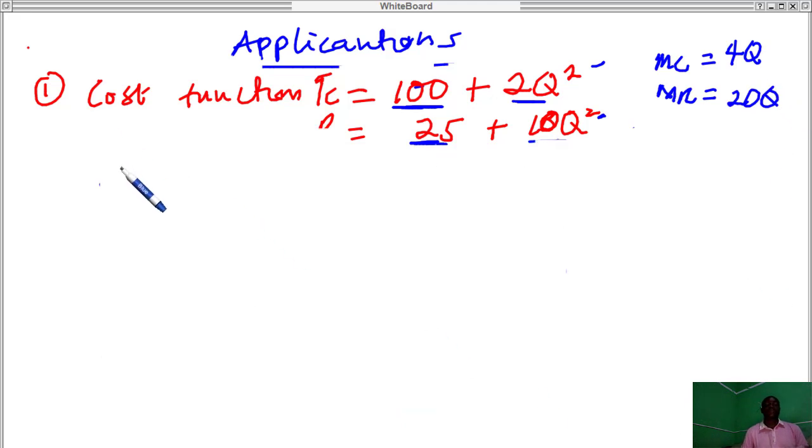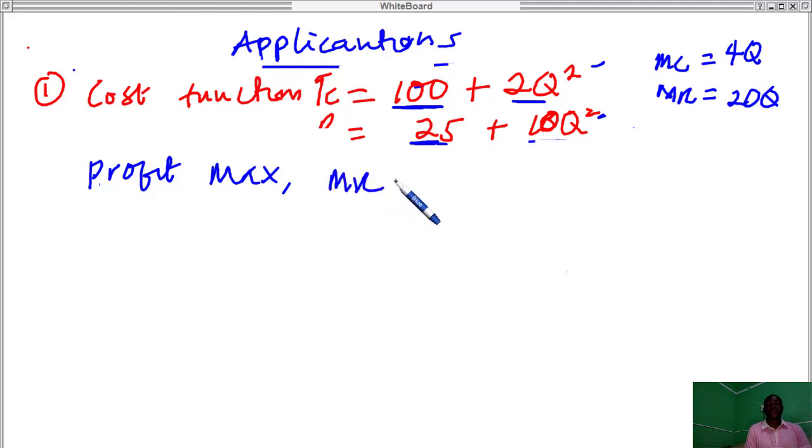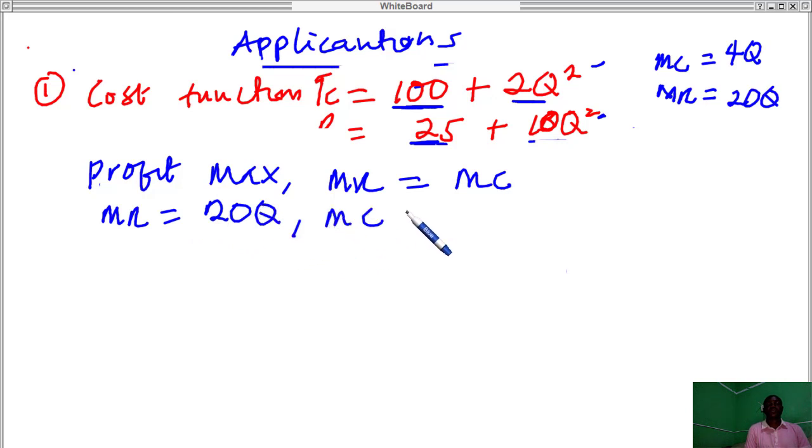So we are now looking at profit maximization. Profit will be maximized where marginal revenue equals marginal cost. Our marginal revenue is 20Q. Marginal cost is 4Q.